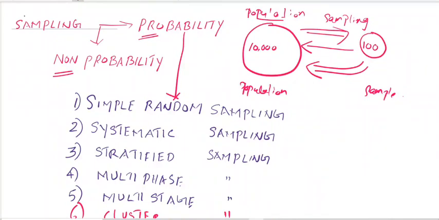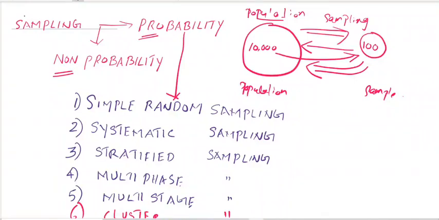That means each person in these 10,000 has a chance, or has a probability, to become part of this 100. Okay, so it is a true representative of the original population. Whereas non-probability sampling doesn't have a probability.